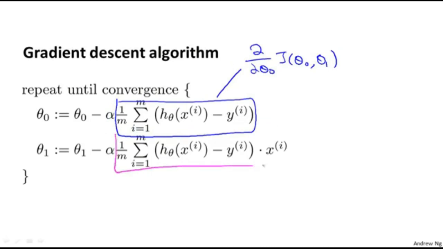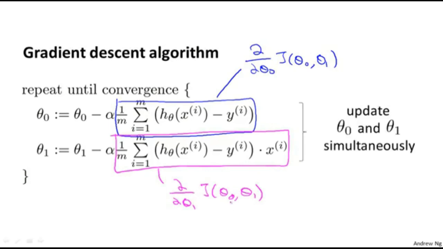And this second term here is just the partial derivative with respect to theta 1 that we worked out on the previous slide. And just as a quick reminder, when implementing gradient descent, there's this detail that you should implement it so that you update theta 0 and theta 1 simultaneously.